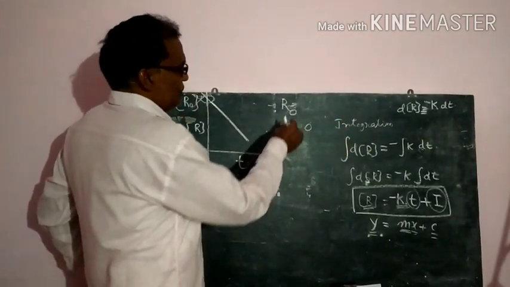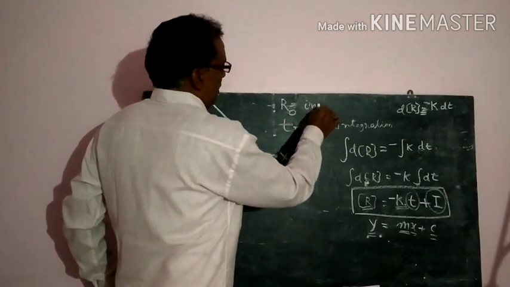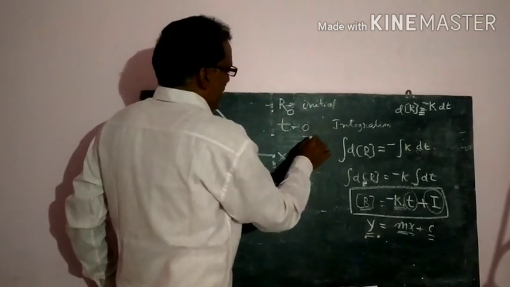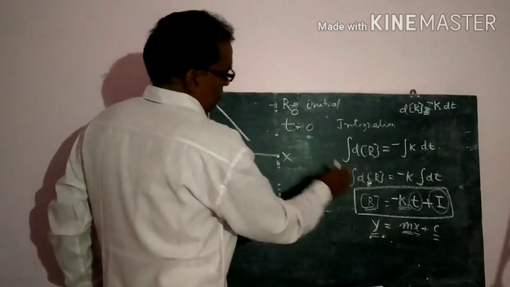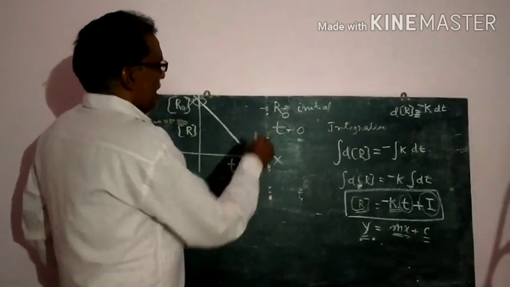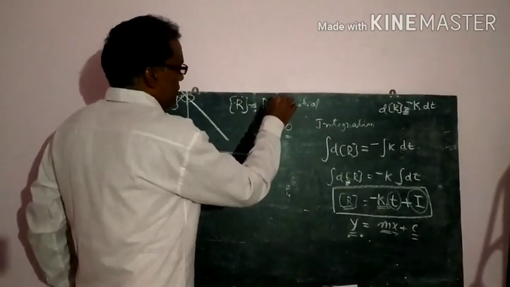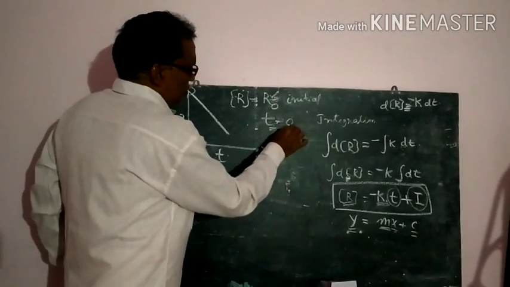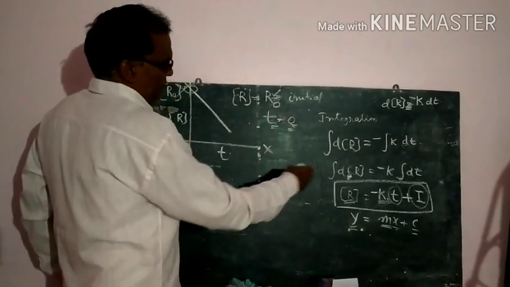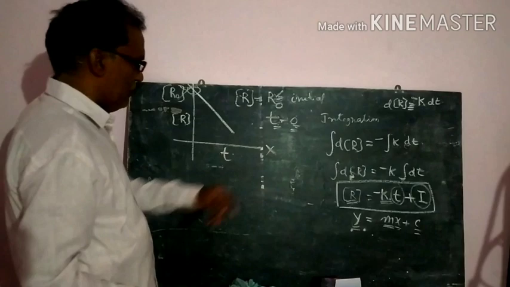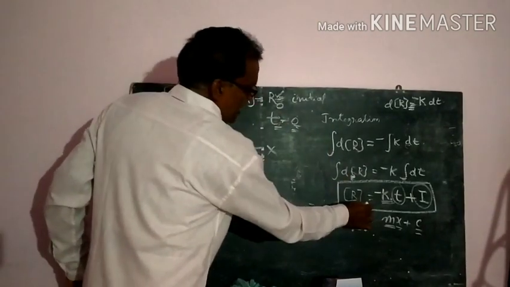Suppose you take these two values, initial concentration R0 and the time 0, and you substitute these two values in the equation. That means the concentration of reactants is equal to R0 and the time is equal to 0. Then from this we can find out the I value. Substitute these values in this equation.